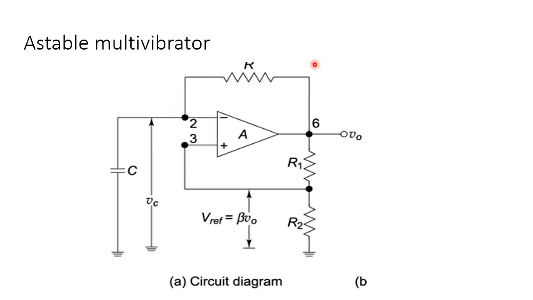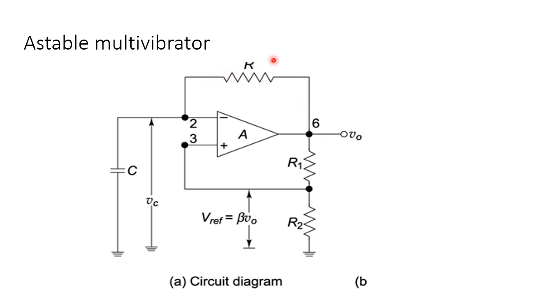The circuit diagram of an astable multivibrator is given in the slide. It is similar to that of a Schmitt trigger. You can see there is a potential divider circuit R1, R2. This feeds back the output voltage to the positive terminal. At the negative terminal, you are connecting a capacitor and it is grounded. A feedback resistance R is connected between the negative terminal and the output.